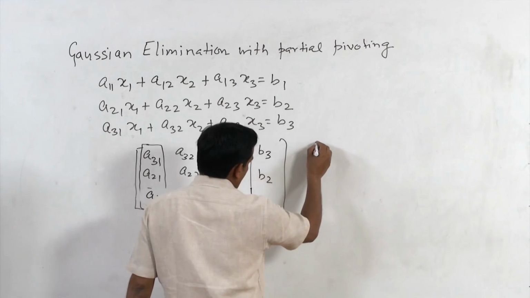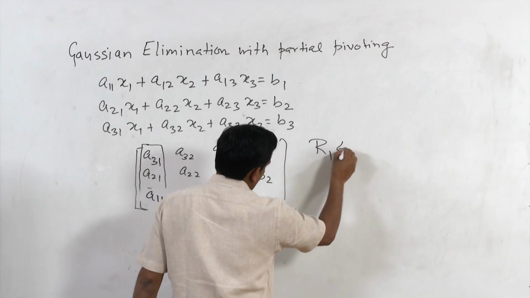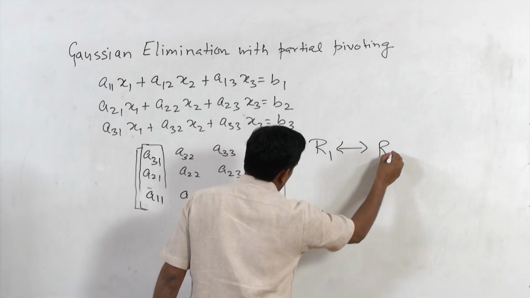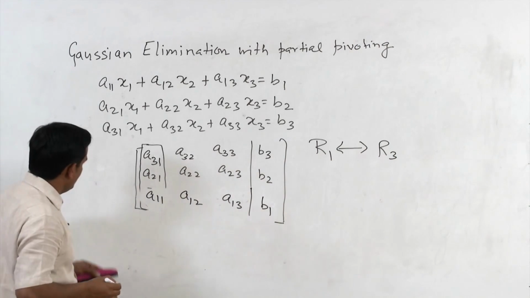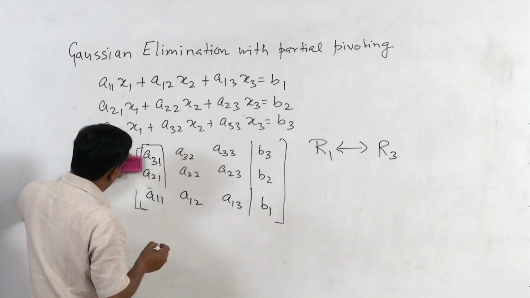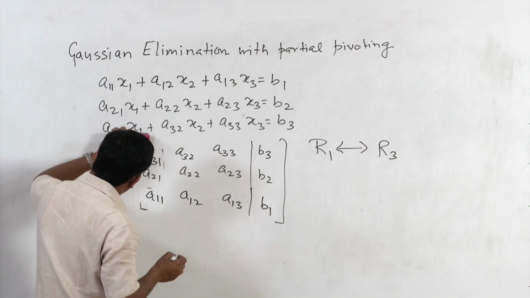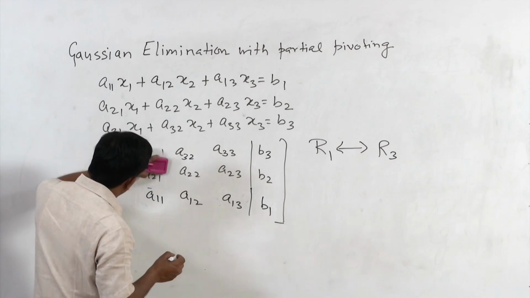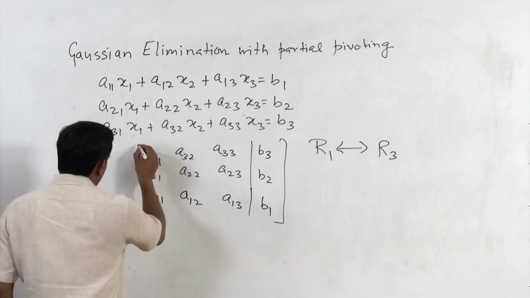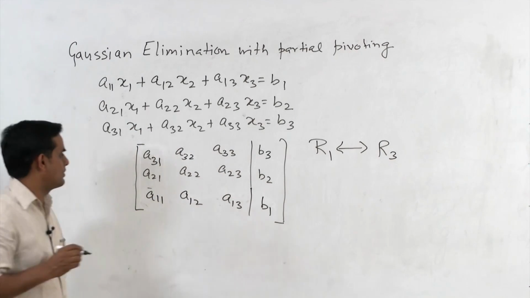So, I have done the operation R1 interchange with R3. Now this a31 is the biggest element in terms of absolute value in the first column.